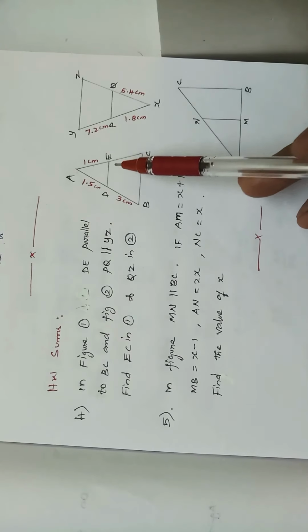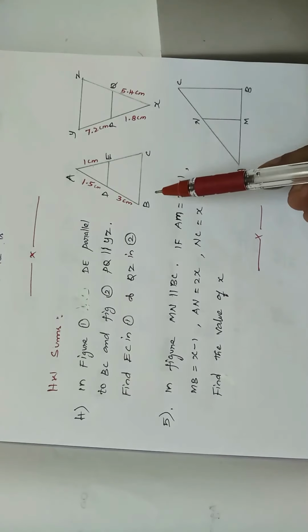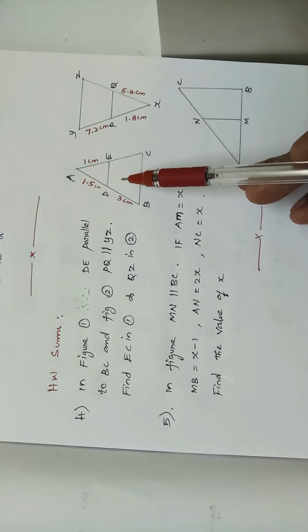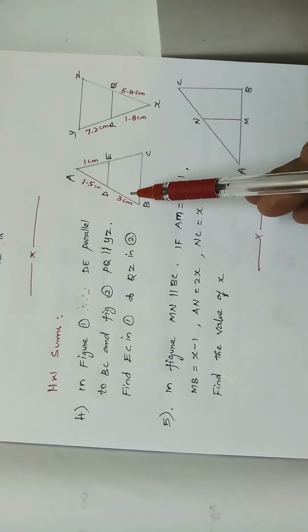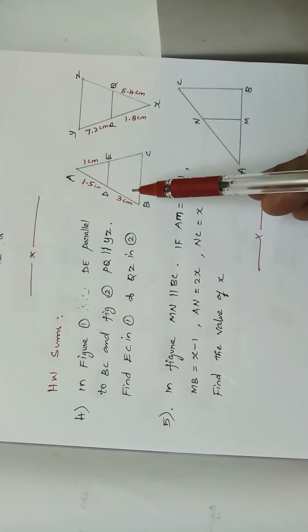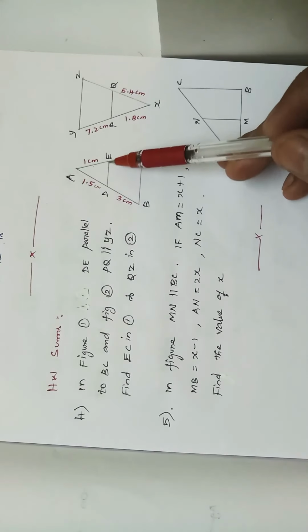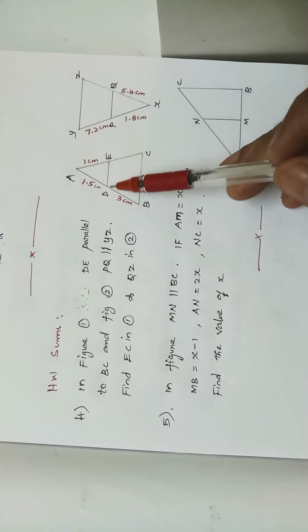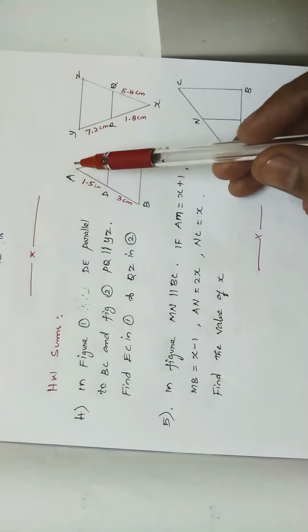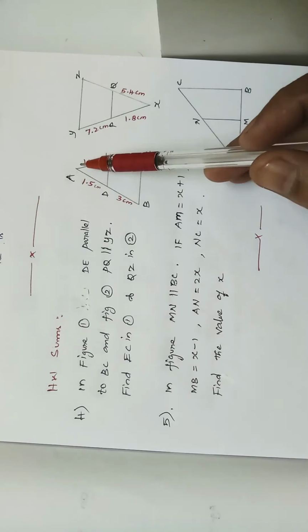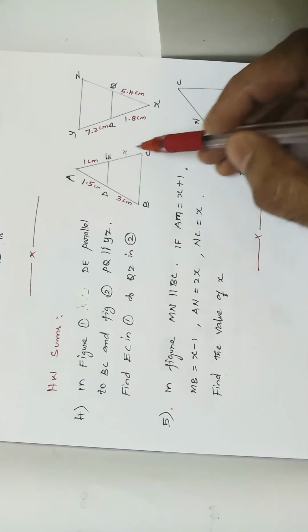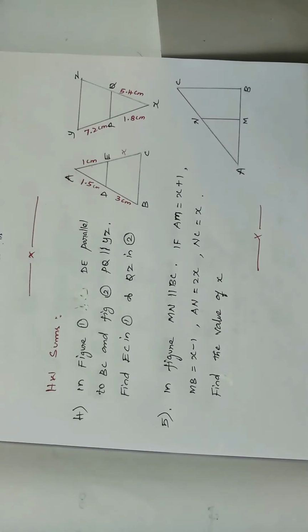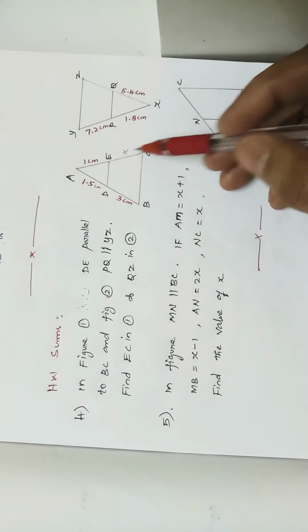If we draw a line parallel to one side of a triangle, then the other two sides are divided in the same ratio, right? So here in triangle ABC, DE is parallel to BC, then AD by DB is equal to AE by EC. You can assume EC is x, substitute the values and simplify, and we'll get the value of EC.